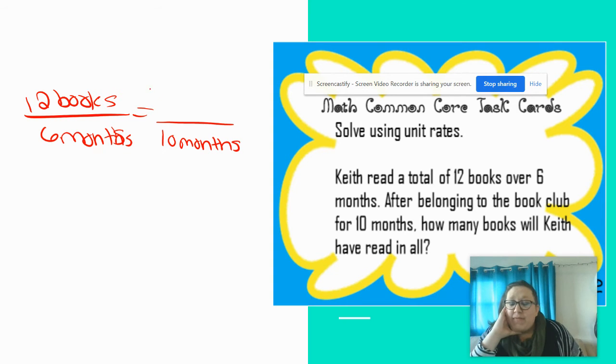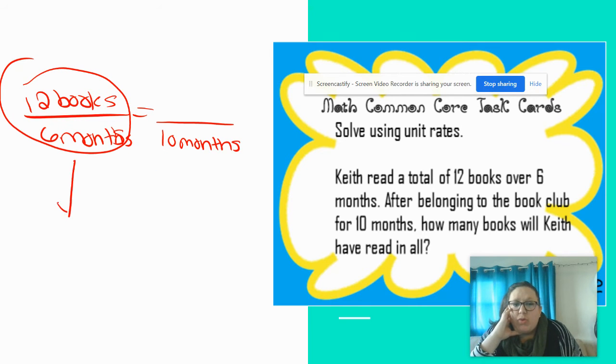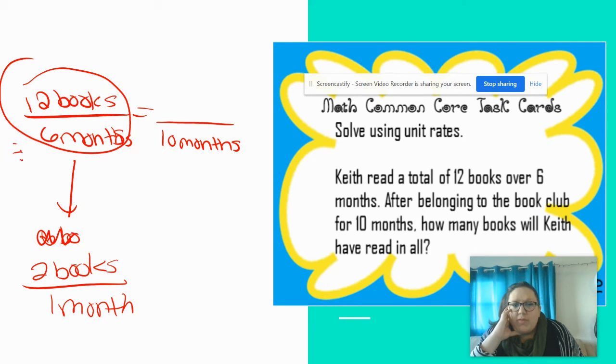How many books will Keith have read in all? Again, I cannot go from 6 months to 10 months. So I'm going to simplify this to 2 books per month, and I did that by dividing both of those by 6 to go from 6 months to 1 month.